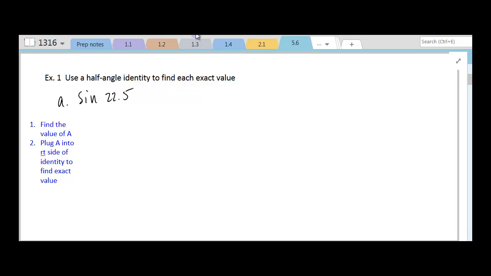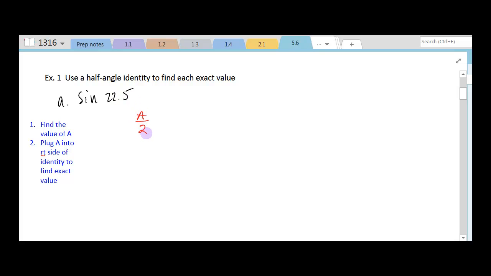So if I have an angle here, which we're going to call our half angle, and if that is equal to 22.5, so in other words, if my angle is divided by 2 to give me 22.5, if I were to multiply the angle by 2, I would end up with 45. I do recognize 45 as a common angle that I can take sine, cosine, and tangent of, and that's the angle we use in the identity.